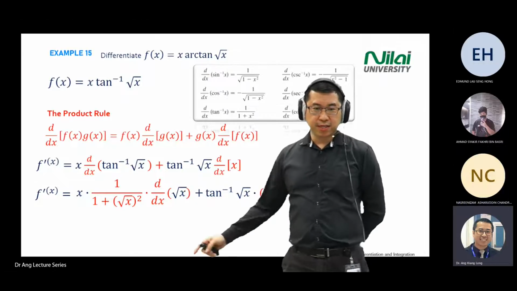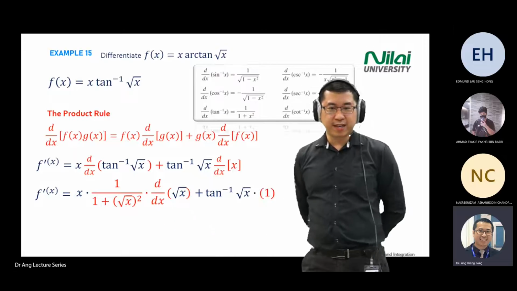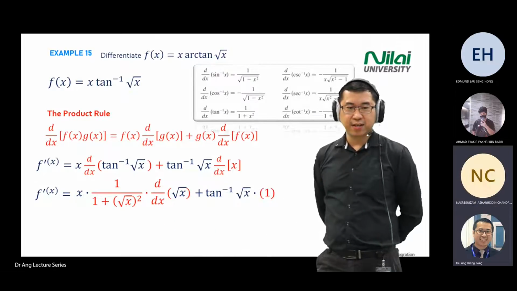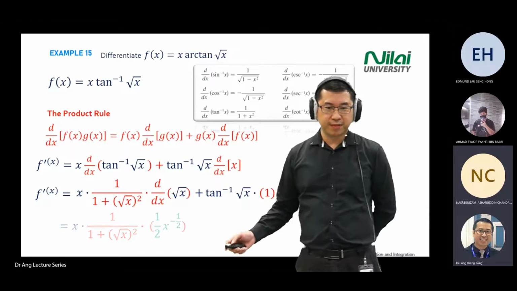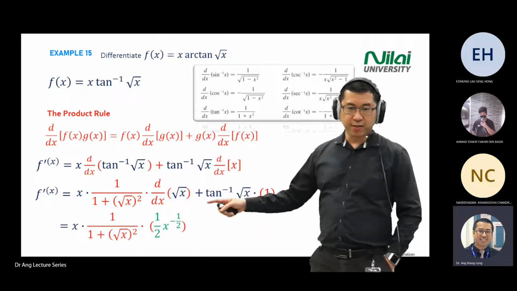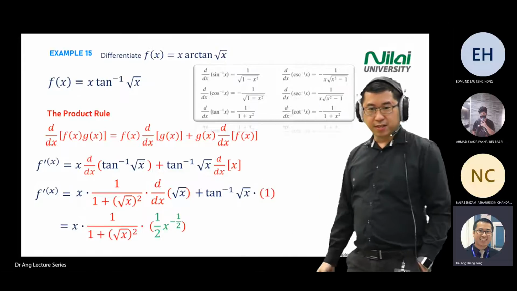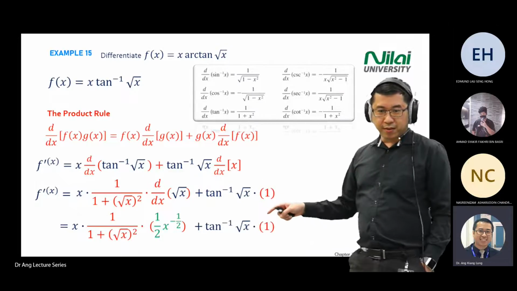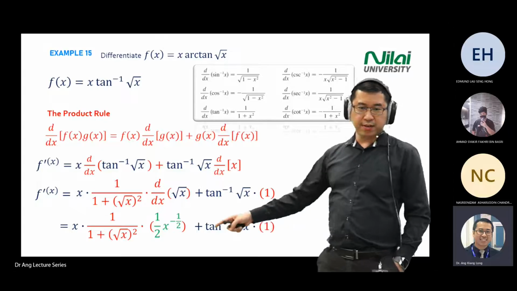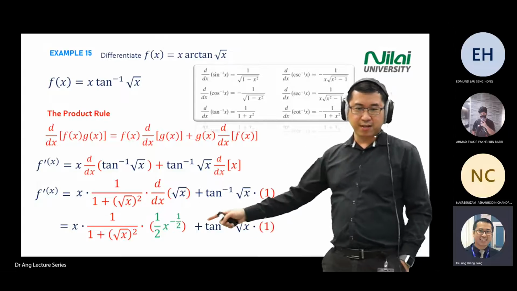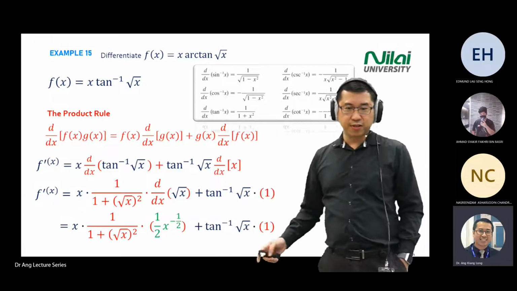Then you differentiate, you get half x to the power of half minus 1, because you bring the power in front of it. Okay, you'll get this one, the green color one. And the rest is just simplification of the equation.